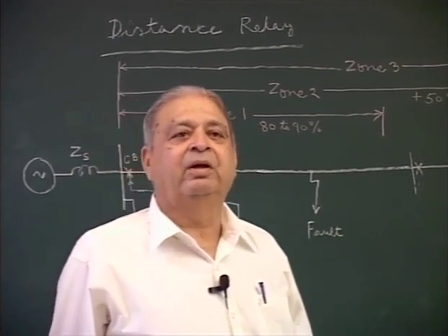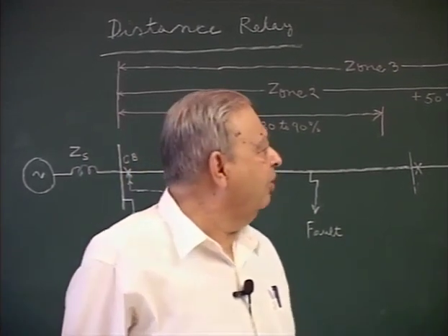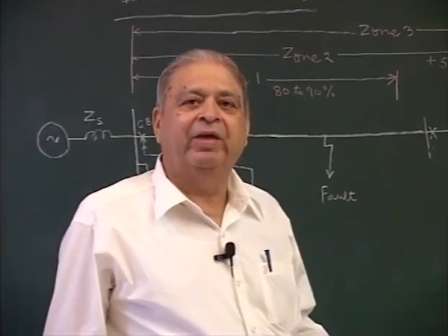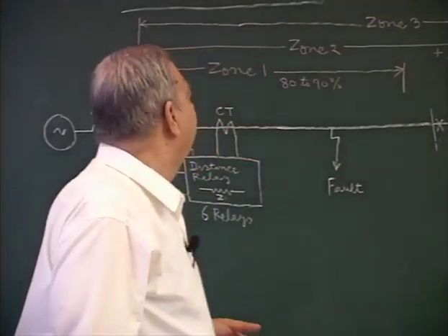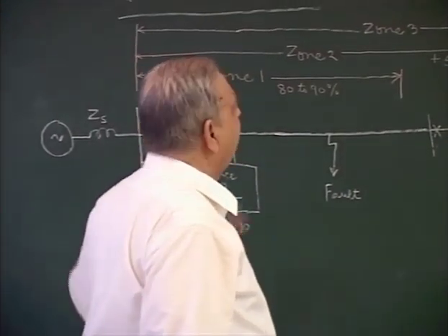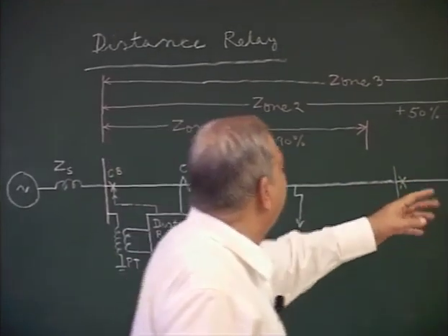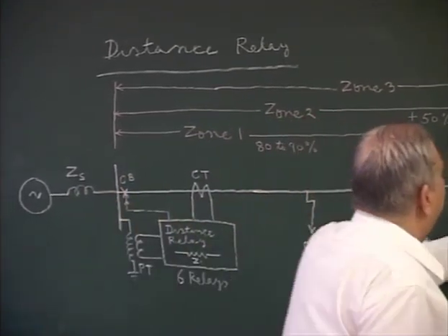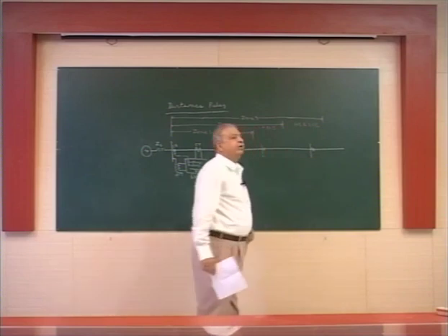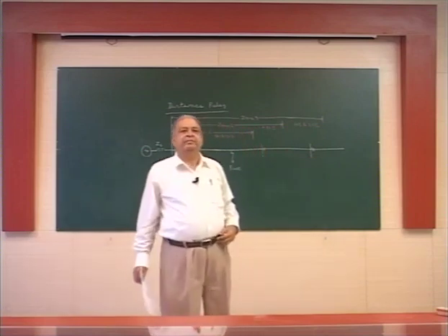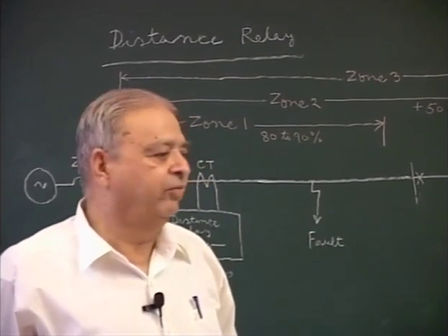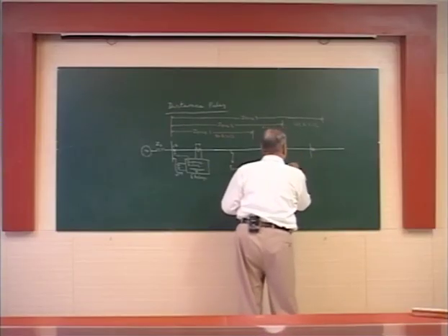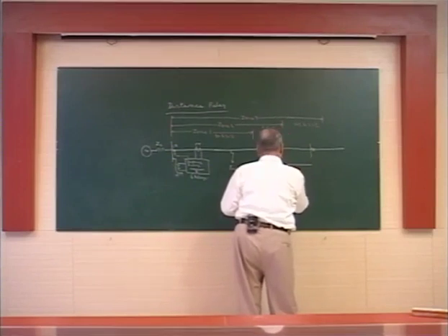In case the required relay does not operate, then after a further time delay, the relay will trip the circuit breaker itself if the fault is anywhere from this point up to 10 to 20% of the third line. So this is a backup protection provided for all the relays. Now the connection for backup protection.